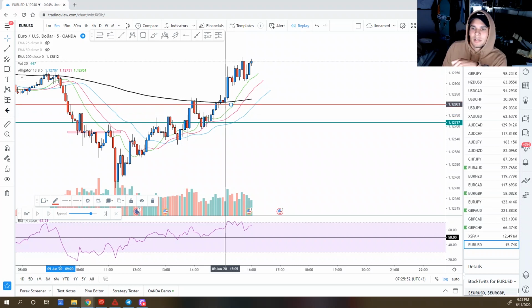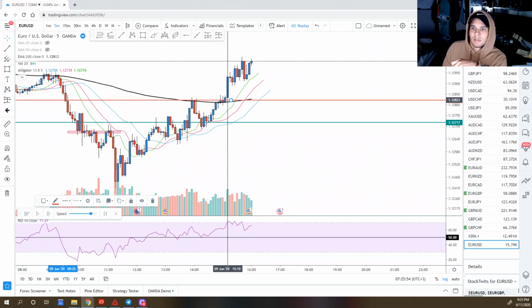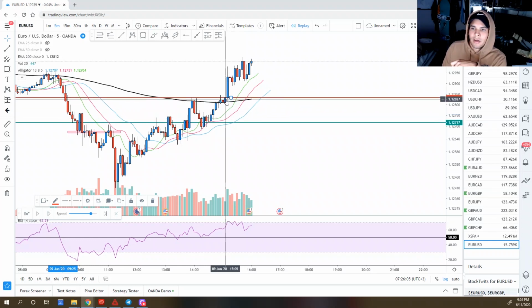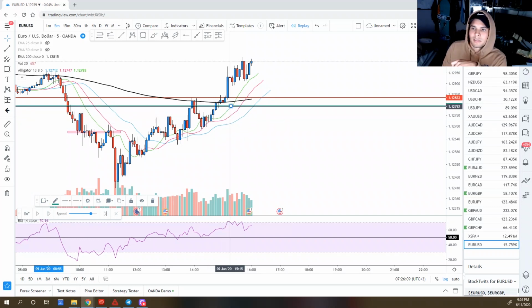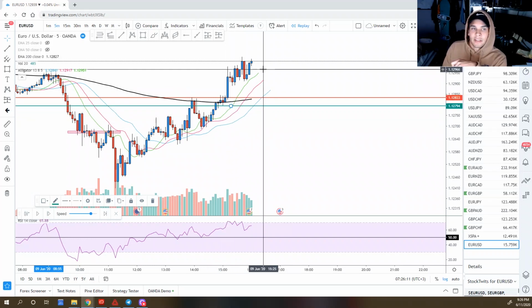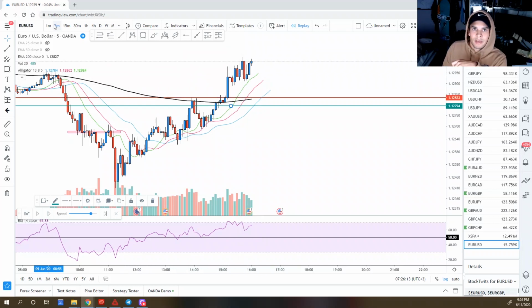Did I not move this to the right spot? Let me go back up here. Yeah, we have the Alligator up, and I would have traded above. I would have traded right there off that engulfing bullish candle and placed my stop loss right there, because your Alligator's up, you're above the 200 EMA.